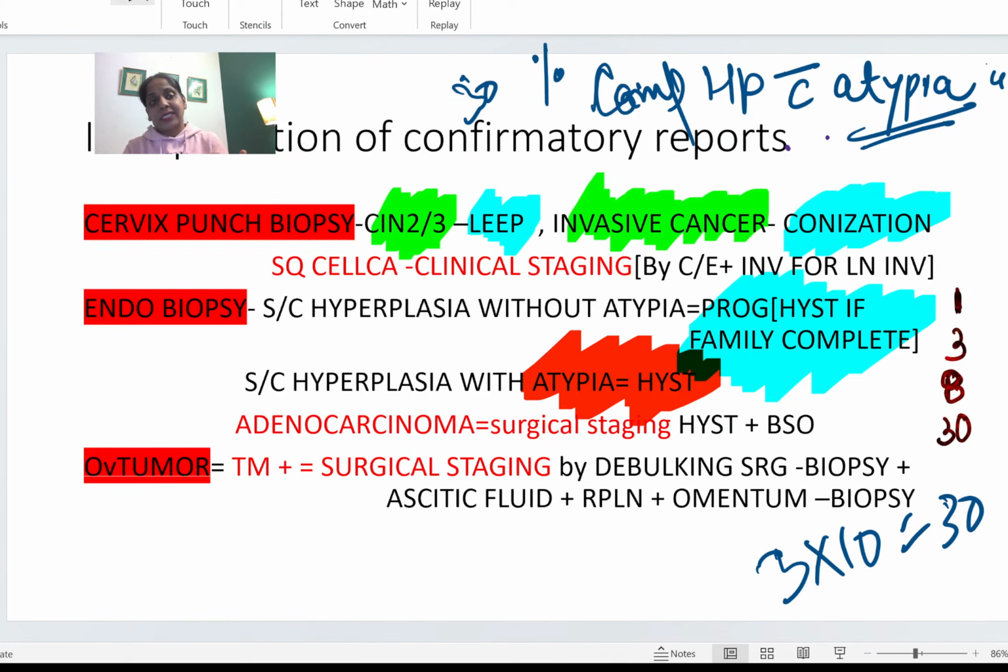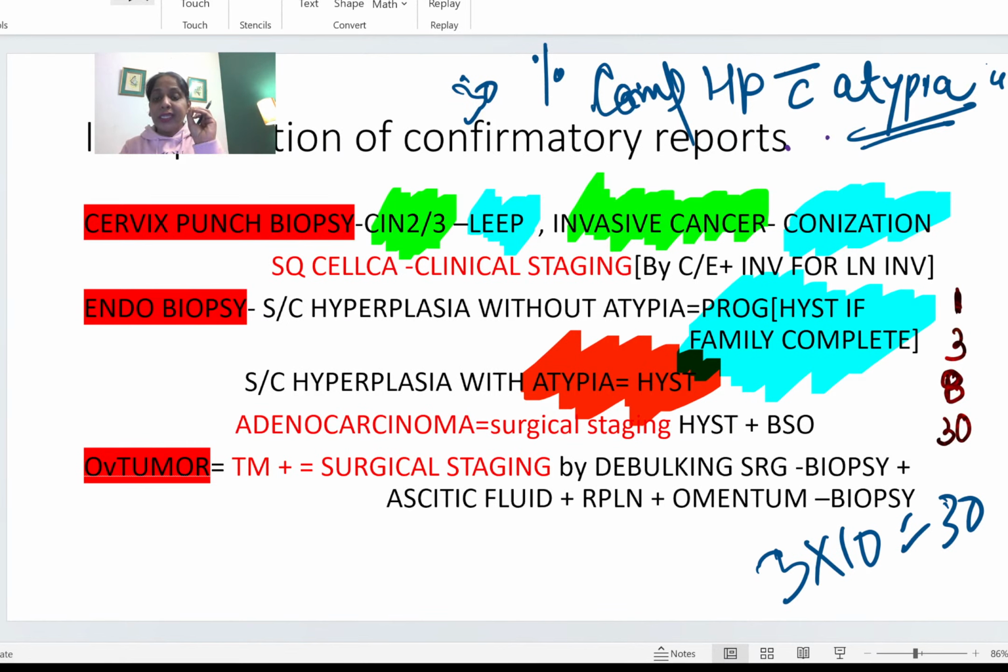Now this is a cancer. We will do treatment as per staging. In endometrial cancer, we do surgical staging. Which surgery do we do? Hysterectomy with BSO, hysterectomy with bilateral salpingo-oophorectomy.